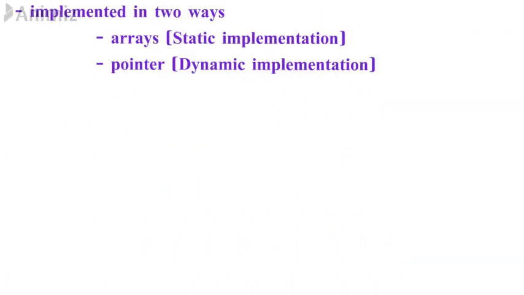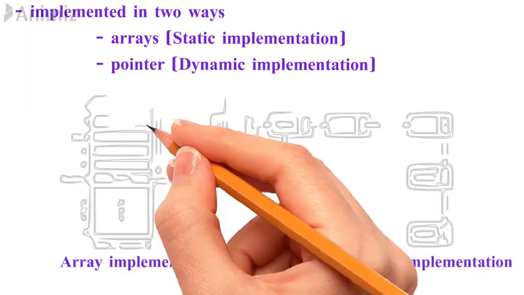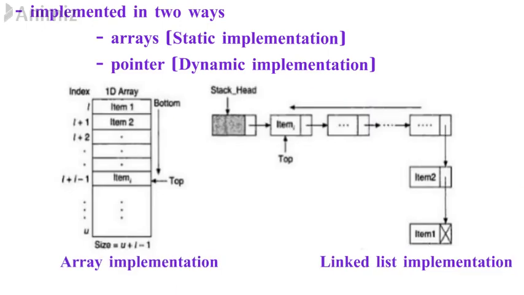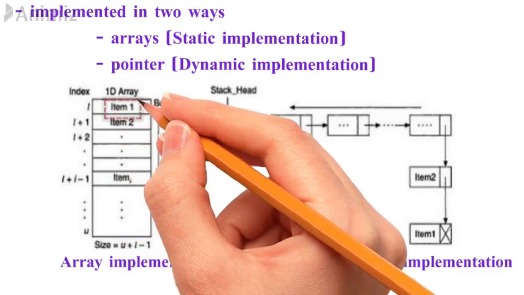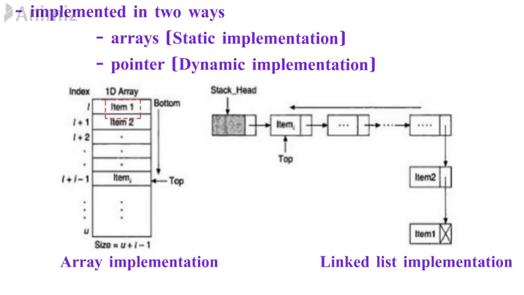Next is the implementation of stack. Stack can be implemented in two ways. One is static implementation, the other one is dynamic implementation. Static implementation is using arrays. Dynamic implementation is using pointers. When you see the array representation of a stack, you have item 1, item 2, item 3, item 4, like that all the items get inserted.